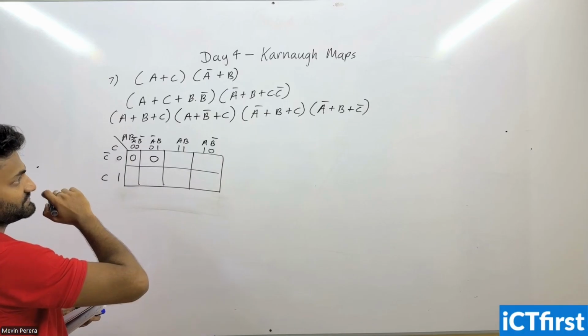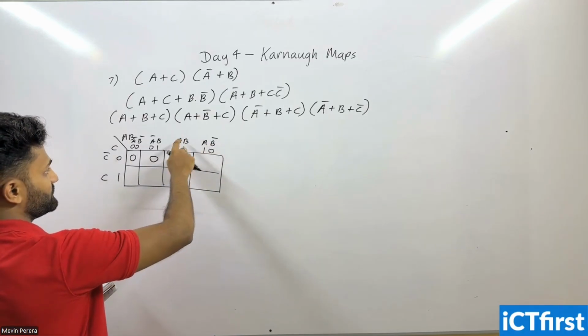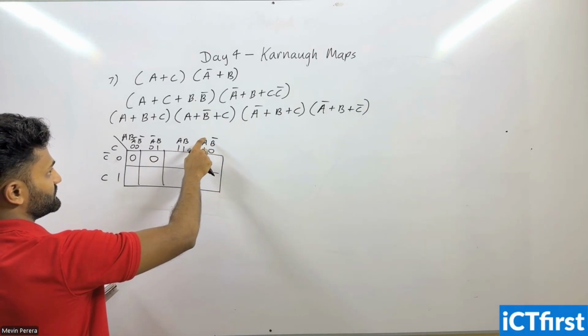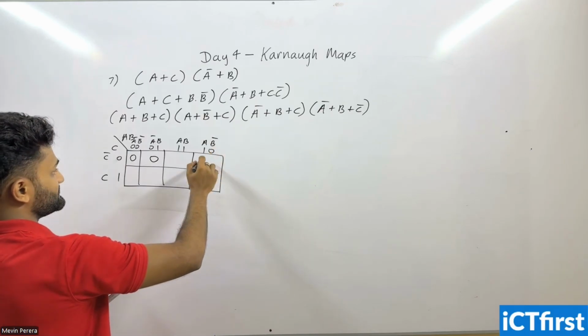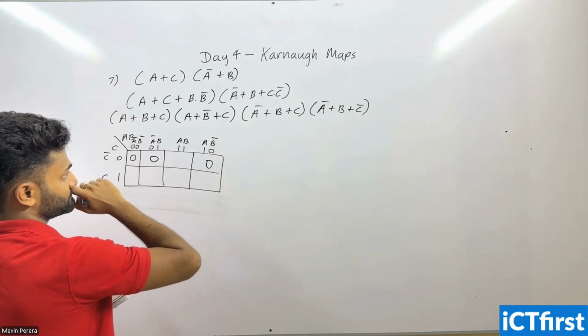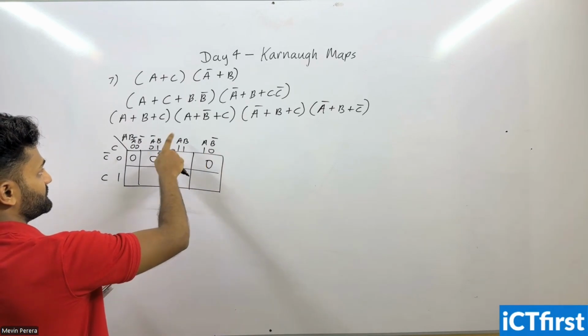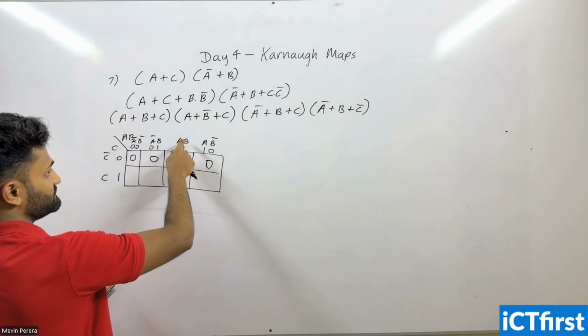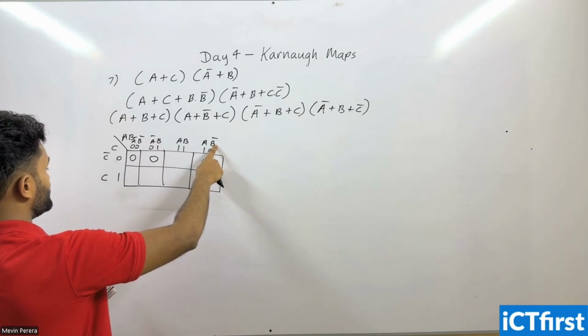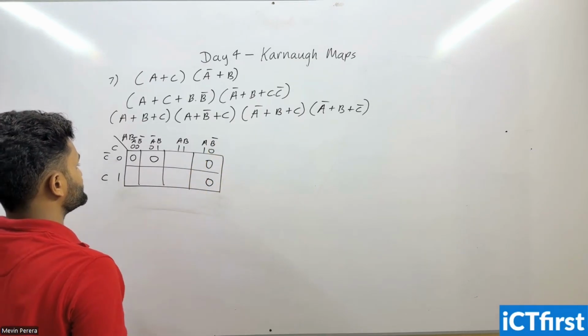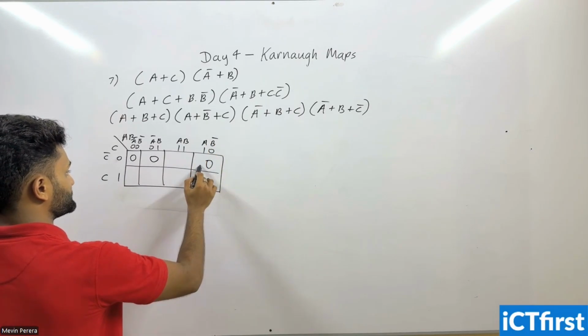So this is the position. Instead of A bar, we are taking A. Instead of B, we are taking B bar. So here, instead of C, we are taking C bar, this position. And then instead of A bar, we are taking A. Instead of B, we are taking B bar here. Instead of C bar, we are taking C. So this is the simplified expression.